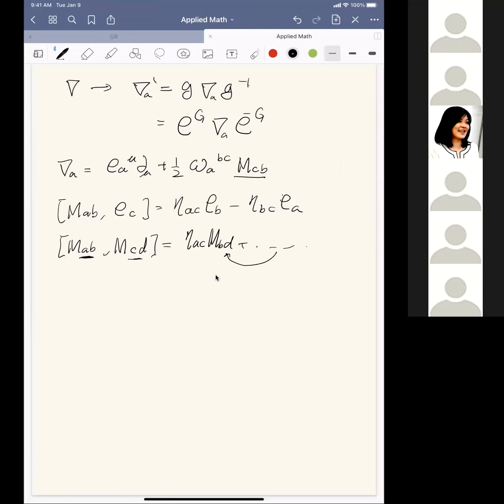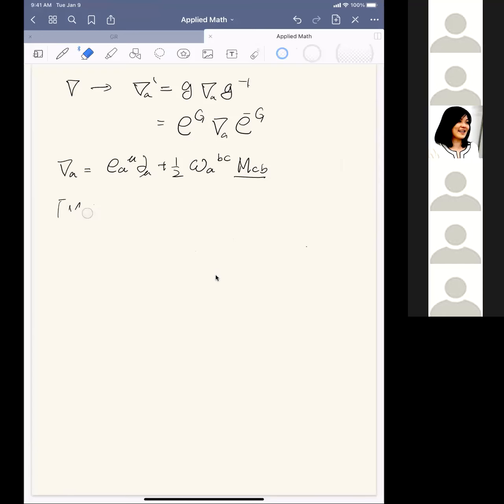So you can work out the algebra yourself. We did this already two times, so you can try to work things through. You take delta A in this form, and then you plug it into the left-hand side as well as the right-hand side. You can then deduce how the Vielbein and the spin connection transform under the gauge symmetry.